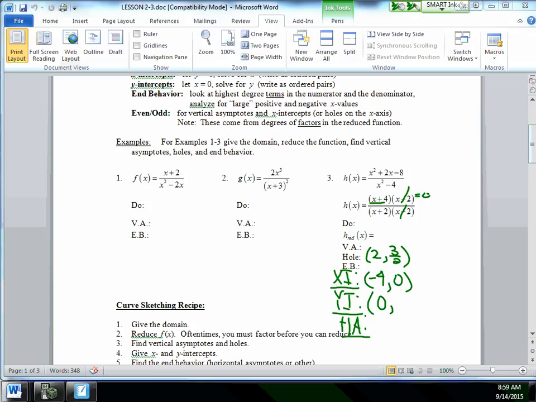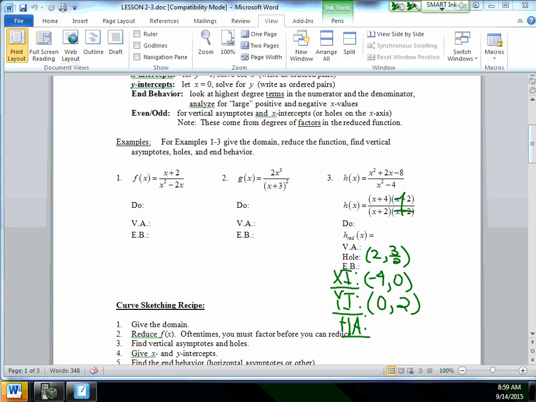Looking at the reduced form, or you could go back to the original. Either one works. 0, 0, 0. So negative 8 divided by negative 4 is positive 2, which I could have seen right here. 0, 0, 4 divided by 2 is 2.